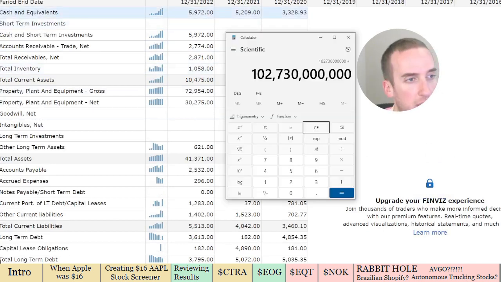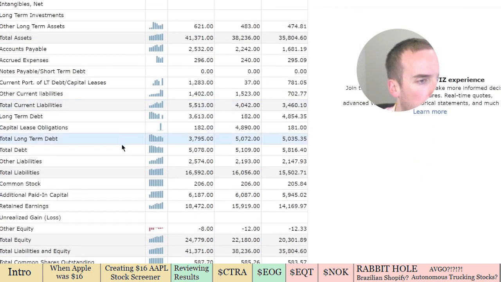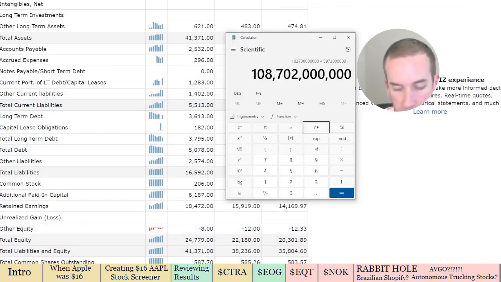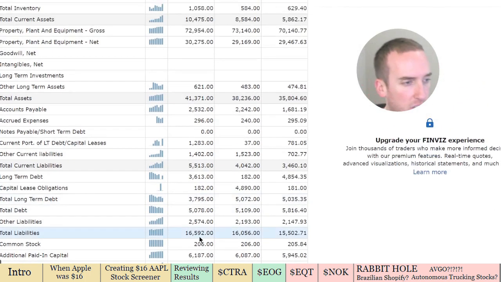Nice. Plus 5,972,000,000. Okay. Total debt, so minus 5,078,000,000. All right, and then I just want to look at their total liabilities to assets. So liabilities, 16.5 billion.